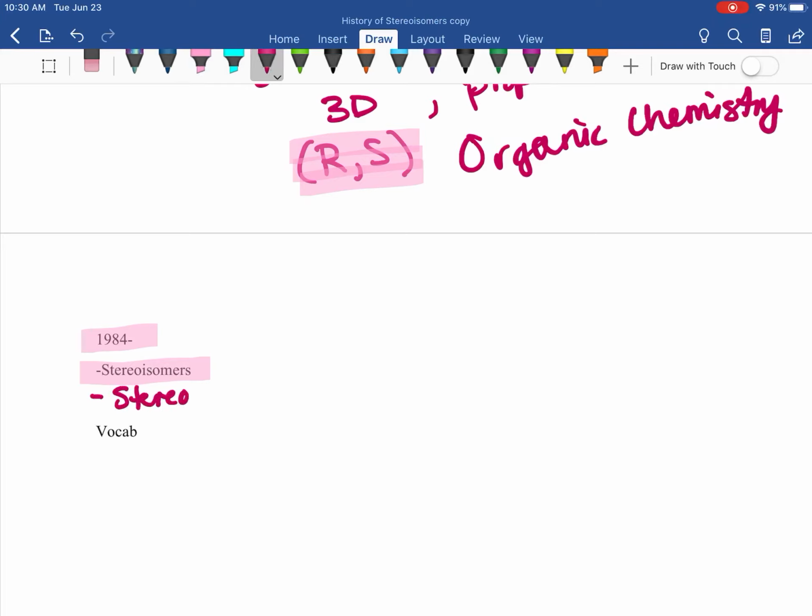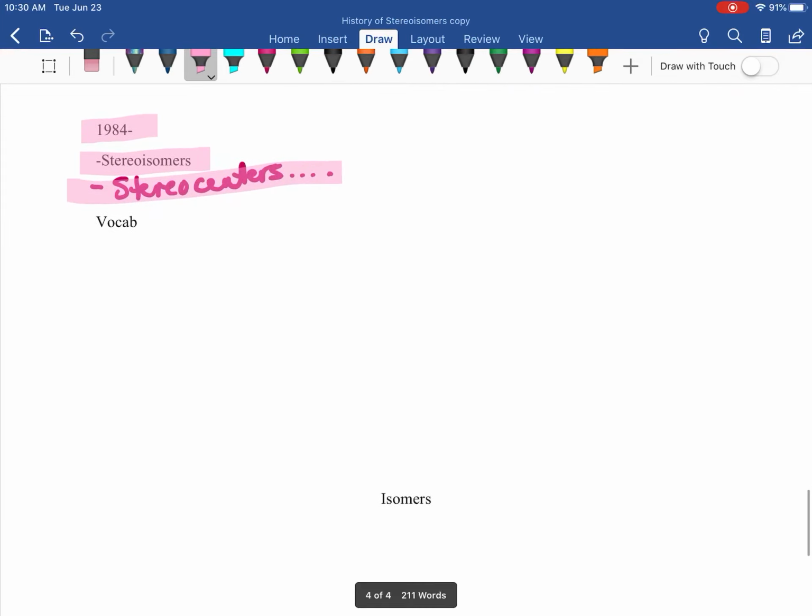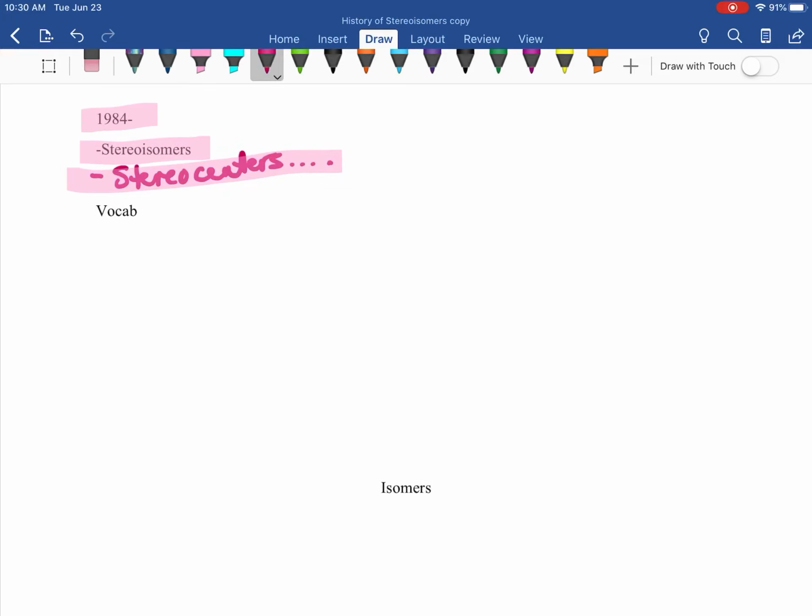So even though we may have a million vocab terms because of the 150 years, almost 200 years, of research, we are going to go with the modern vocab. Okay, let's actually just spell out vocab, and then we're going to put it into perspective.